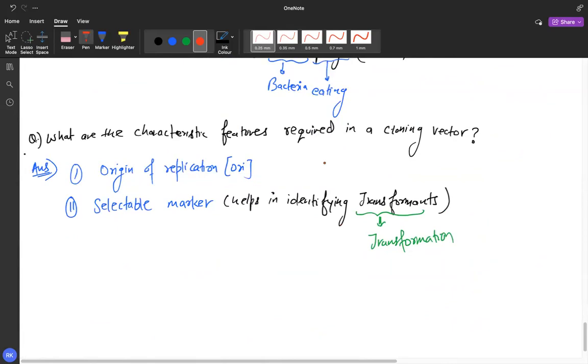But for now you can just write the definition that transformation is a procedure or a method by which a piece of DNA is introduced in the host bacterium.